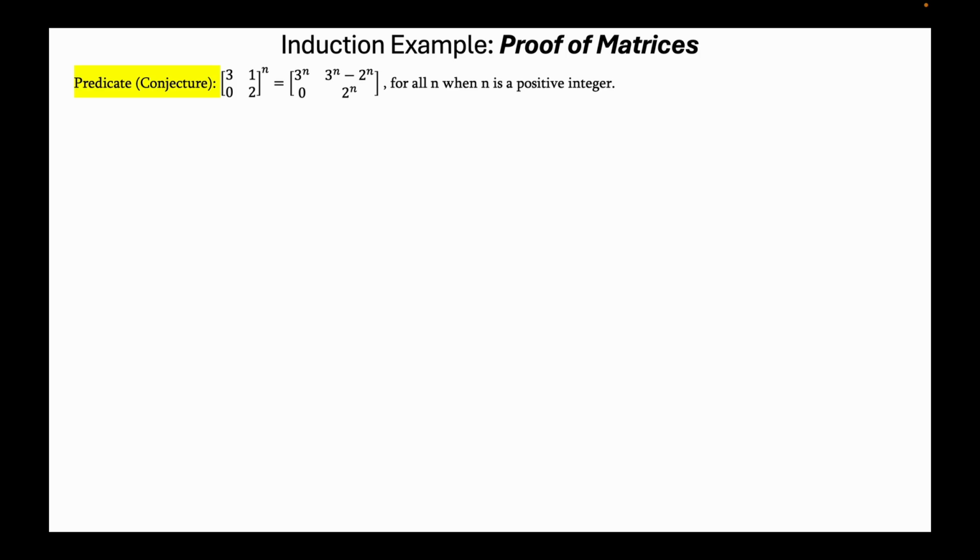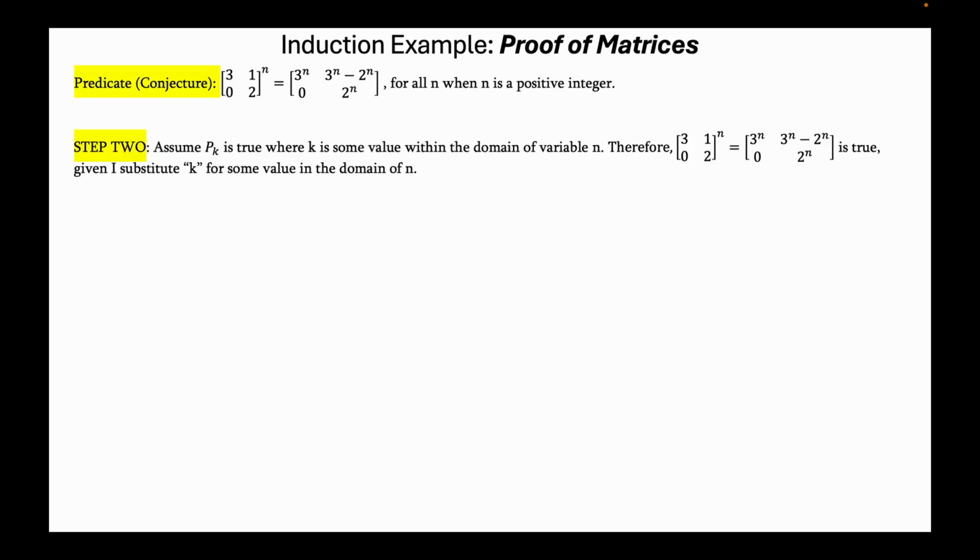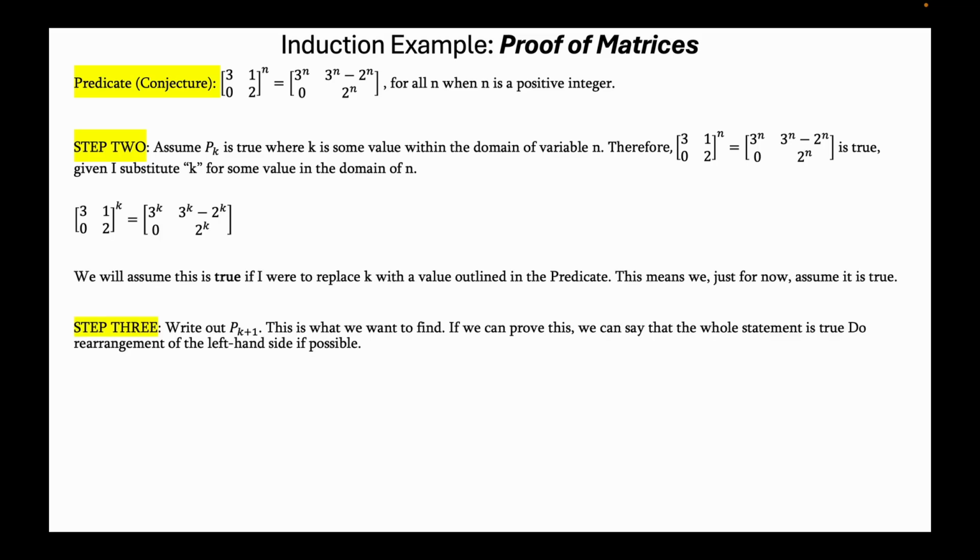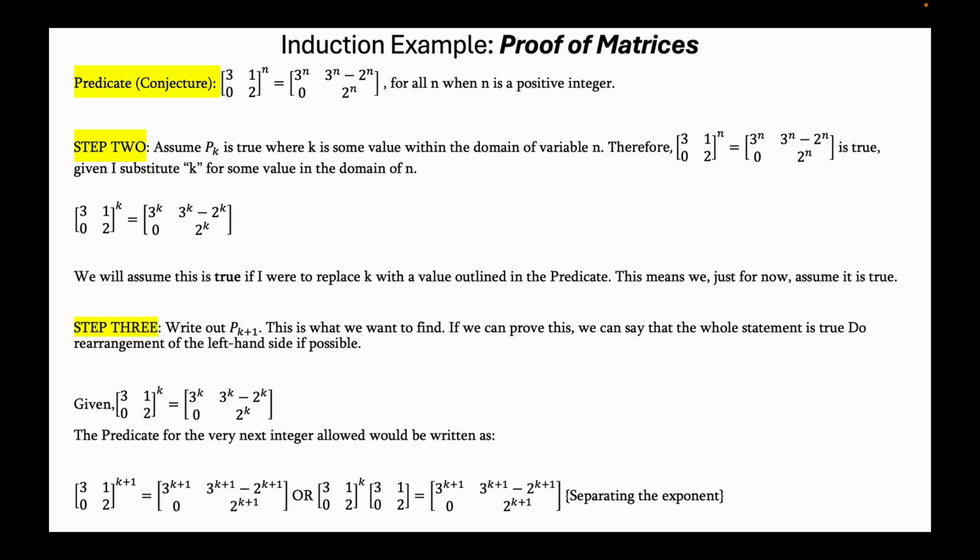Therefore, both the left-hand side and the right-hand side are right. Yep, we know that. So now we're going to assume this equation that we've written is true. Now we're going to try and prove it for k plus 1. So we assume this is true, and now we're going to write it out for k plus 1, which looks like the term at the bottom here.